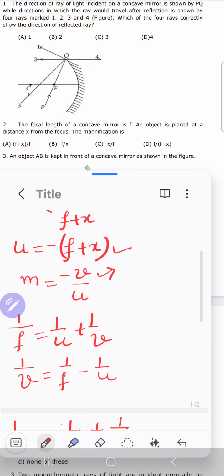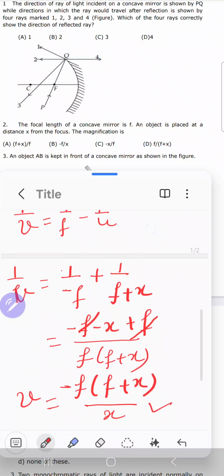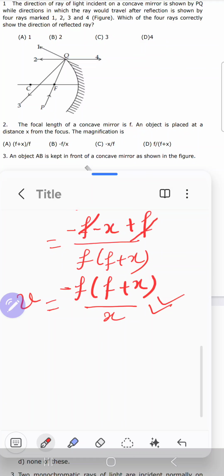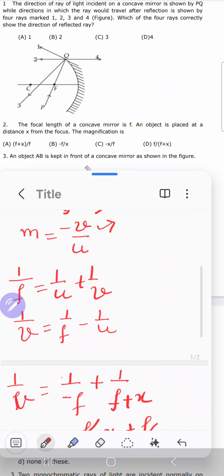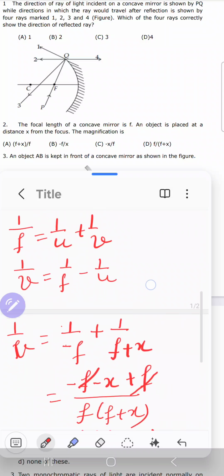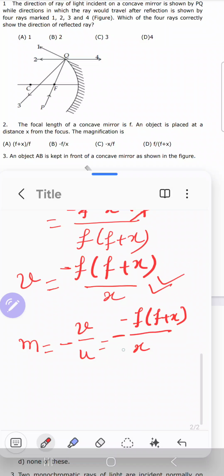Now I have the value of u. This is u and this is v. Now we can write the expression of magnification. Magnification would be minus v over u. V is minus f plus x over x, and this one more minus sign is already there. And the value of u is minus f times f plus x, so one more minus would come.